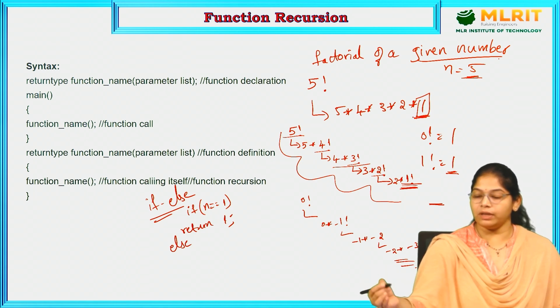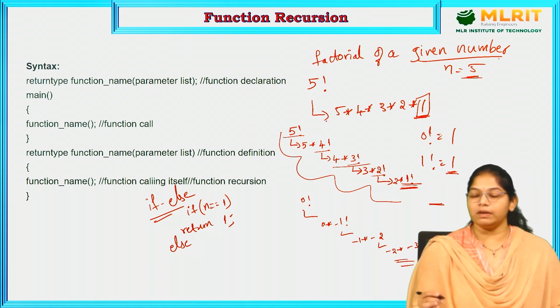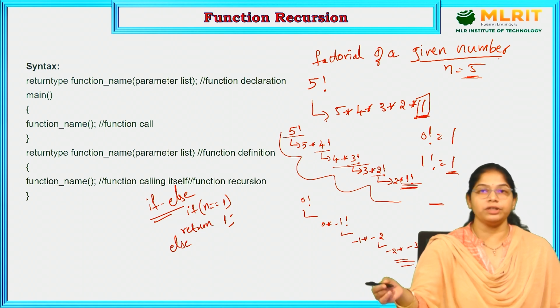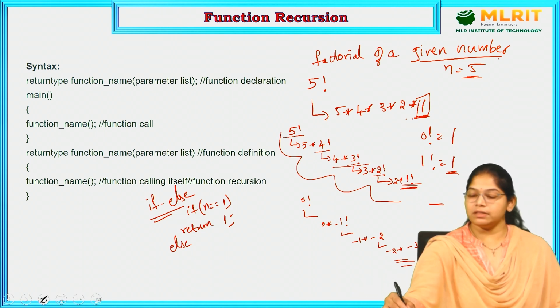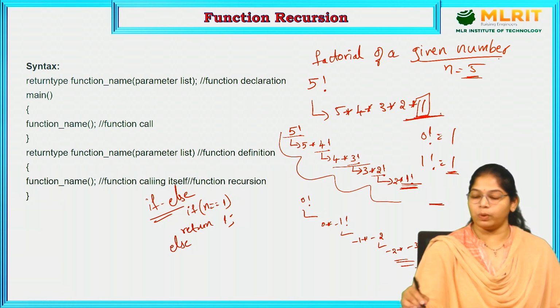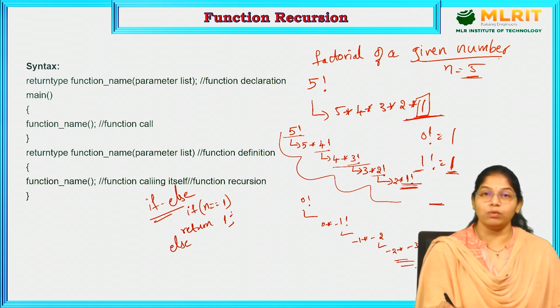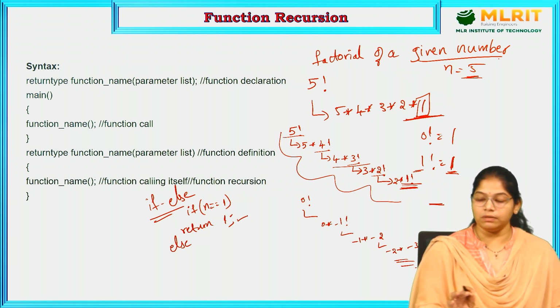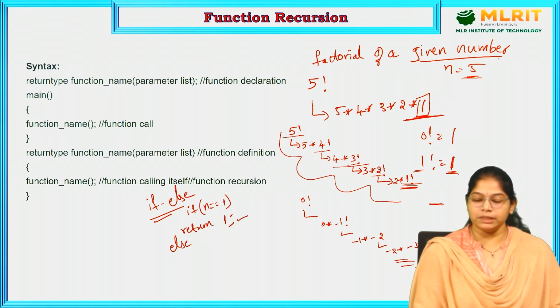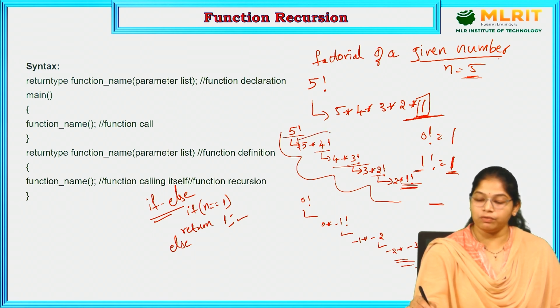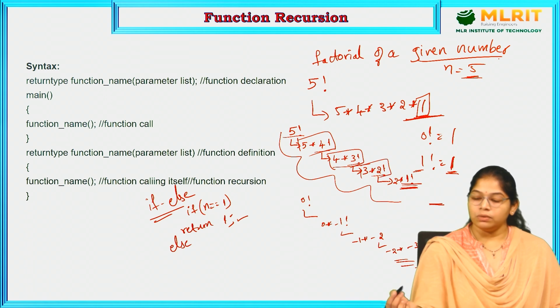If I want to calculate 5 factorial, it is 5 into 4 into 3 into 2 into 1. Where is the stopping condition? When n becomes 1, that means 1 factorial, and its value is 1. So when n equal to 1, it has to return 1. If not, that means else, n is not 1. n may be 5 into 4, or 4 into 3, 3 into 2.